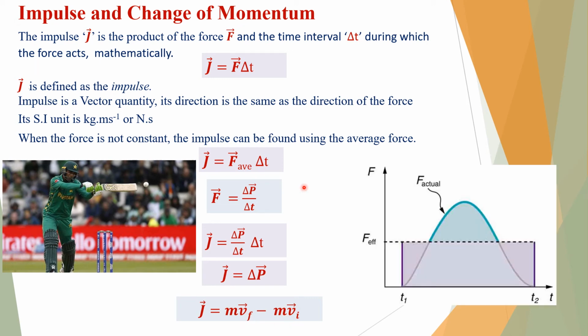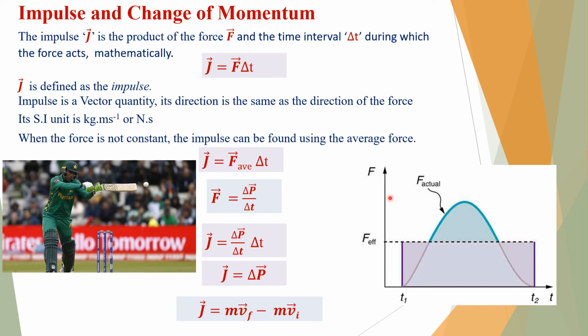When a ball hits the bat, we get the response of impulse shown with the help of this graph. A large impulse produces a large response. So the ball departs from the bat with a large velocity.